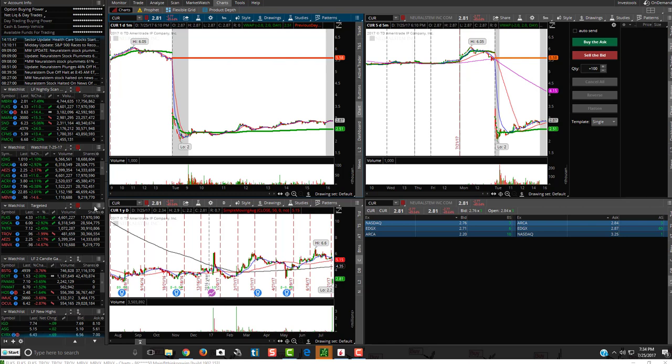So a low float stock causes a lot more volatility in price movement, and that's exactly what you're looking for if you're day trading. If you're doing more swing trading or long-term trading, you might not care as much about float, but if you're a day trader, pay really specific attention to float.